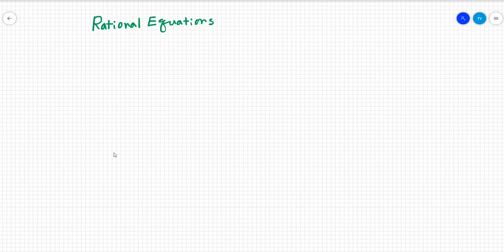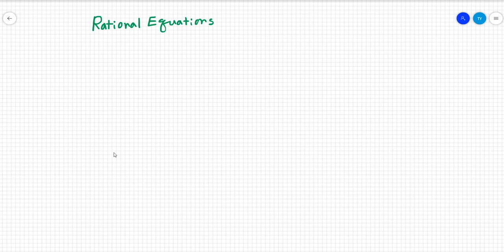So let me just go over the rational equations. Now, a rational equation is very similar to the rational expression, except now you have to solve for the unknown. There are a couple of things that we have to do when you solve the rational equation. That is, you want to eliminate the denominator.